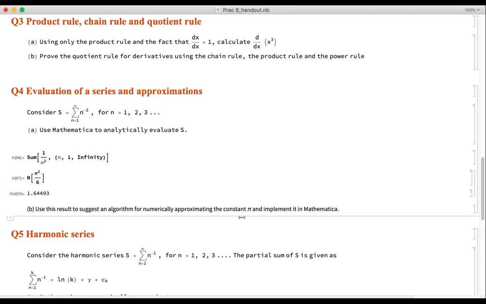Yeah, so for pi, you're right, Kai. But let me just show you the coding.